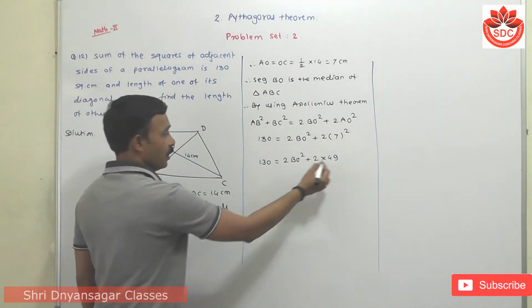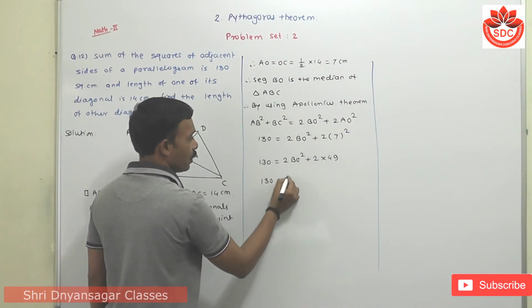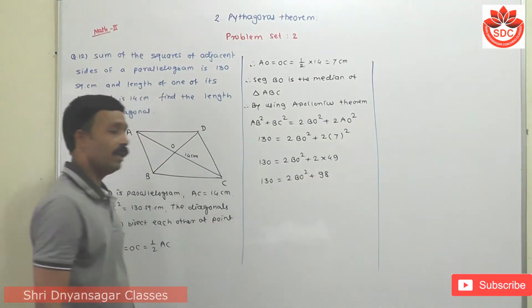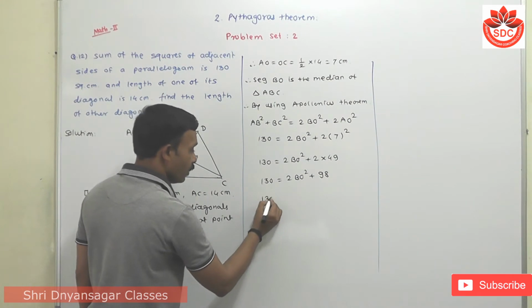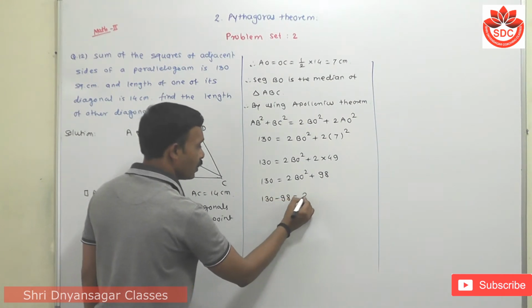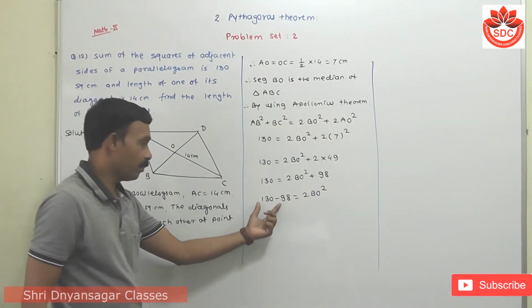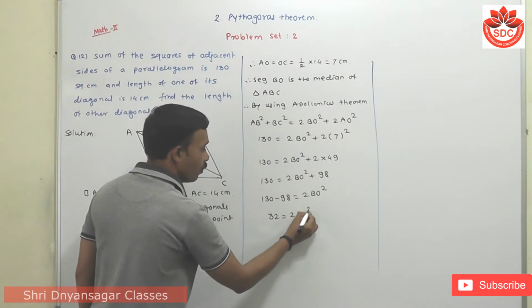The product of these two is how much? 130 = 2BO² + 98. Then transfer this 98 to this side, we get 130 − 98 = 2BO². The subtraction between these two is 32 = 2BO².